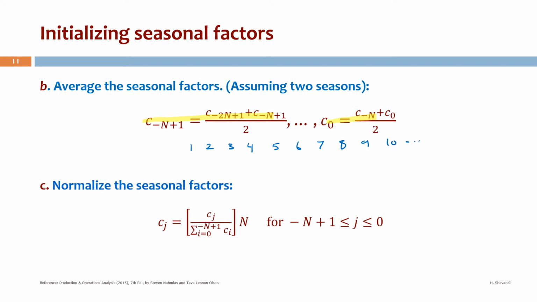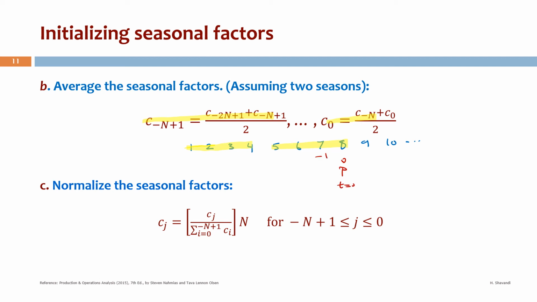But here we are going to consider the first 2 seasons as our initialization periods. So by doing that, this period number 8 will be our time 0, t equals 0, the current time.